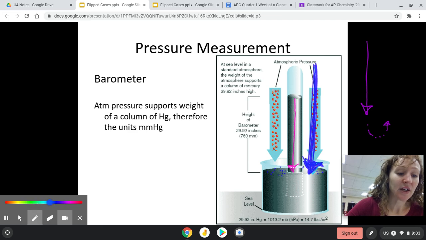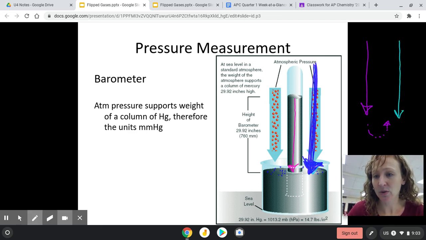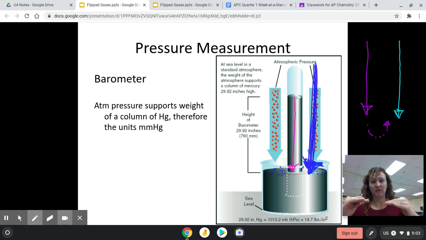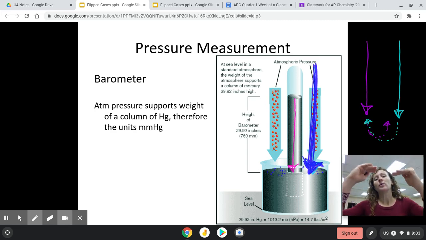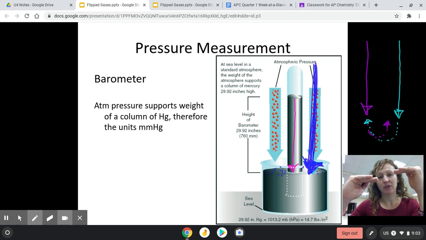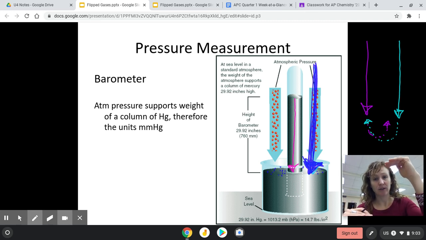When we have a stronger atmospheric pressure, the atmospheric pressure is going to push down on the surface of the bowl, and that mercury is going to be pushed into the tube. So when atmospheric pressure is high, it pushes down on the surface of the bowl, and that extra mercury goes into the tube, and the tube level rises.